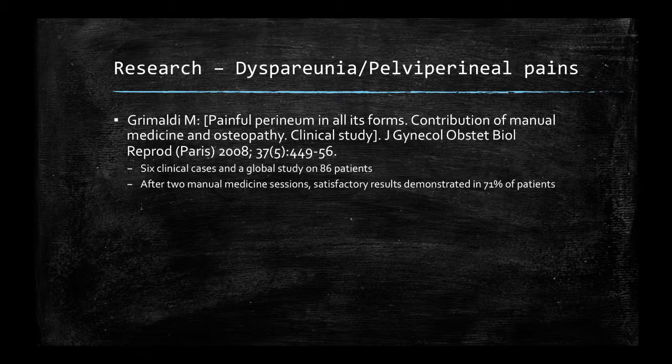For dyspareunia and pelvoperineal pains, this 2008 clinical study out of Paris showed 6 clinical cases and 1 global study on 86 patients that demonstrated after 2 manual medicine sessions there were satisfactory results in 71% of patients on their symptom treatment.